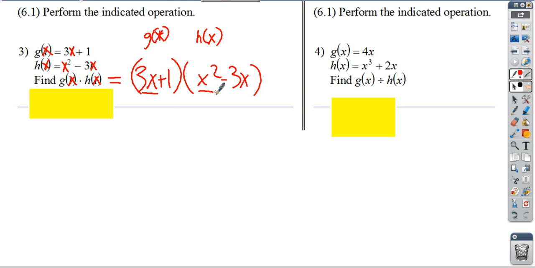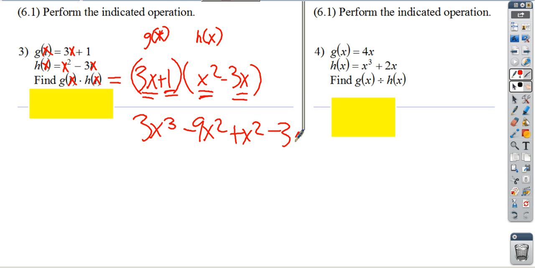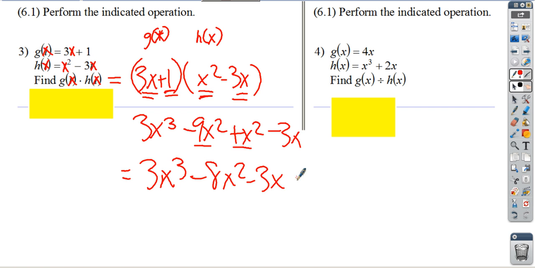So 3x times x squared is 3x cubed. 3x times negative 3x is minus 9x squared. 1 times x squared is x squared. And 1 times minus 3x is minus 3x. And the only terms that we can combine are minus 9x squared plus 1x squared. That would be minus 8x squared. We still have that minus 3x right there.